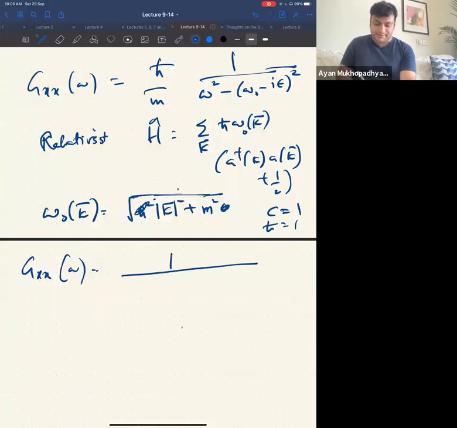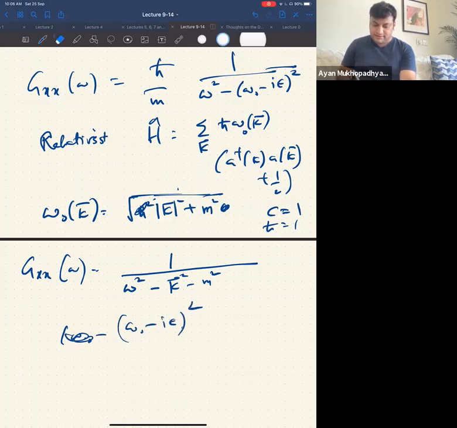So you see that this becomes ω², and (ω₀ − iε)² essentially will give you minus k² minus m². Now if I take (ω₀ − iε)², that is equal to ω₀² minus 2iεω₀. But ω₀ by definition is always positive.